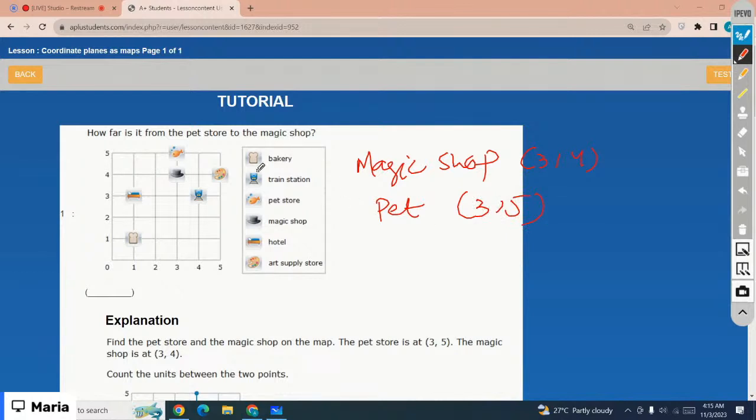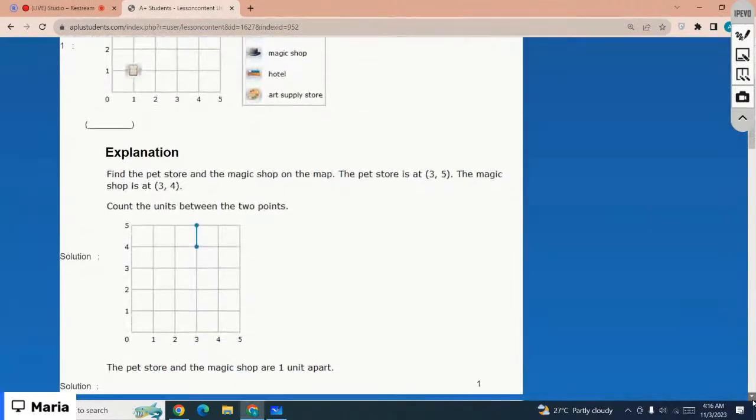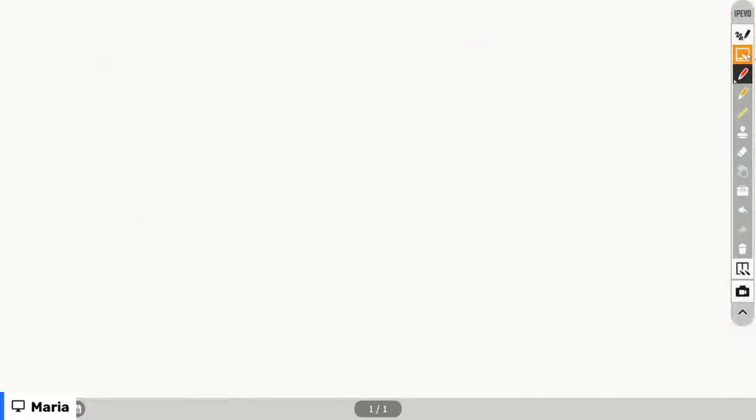So you just have to count the distance. You can see they are just one block away. So that means the distance, how far is it from the pet store to magic shop? So pet store and magic shop are only 1 point away. Got it? The pet store and the magic shop is 1 unit away. Got it? Let's just start with the practice questions.